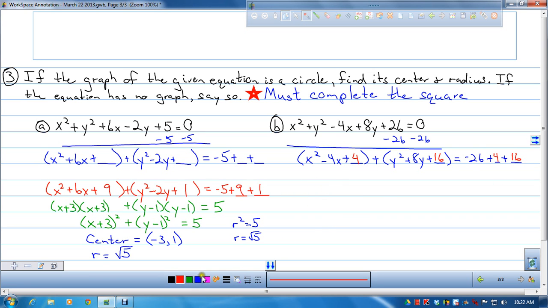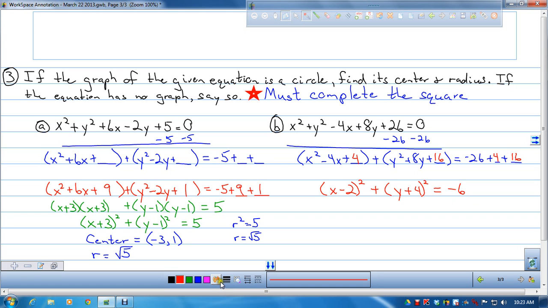So let's go down and factor this. This would be x minus 2 times x minus 2, right? So x minus 2 squared. This would be y plus 4 times y plus 4, which would be y plus 4 squared. Now, negative 26 plus 20 would give me a negative 6.